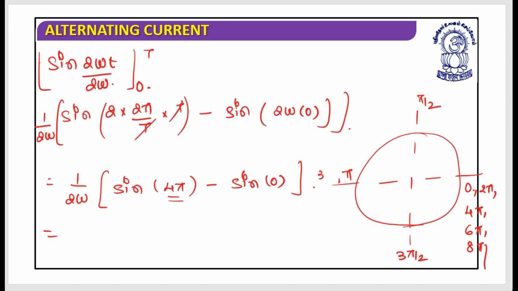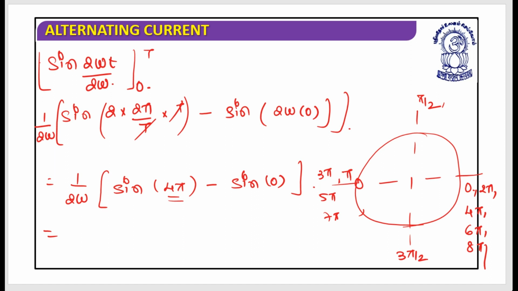Same way here, it's pi, 3 pi, 5 pi, 7 pi. I'm just adding an amount of 2 pi. Why? Because if there is one more rotation, it adds 2 pi, 360 degrees, to your journey. Same way, this is pi by 2, 5 pi by 2, and 9 pi by 2, and onwards.